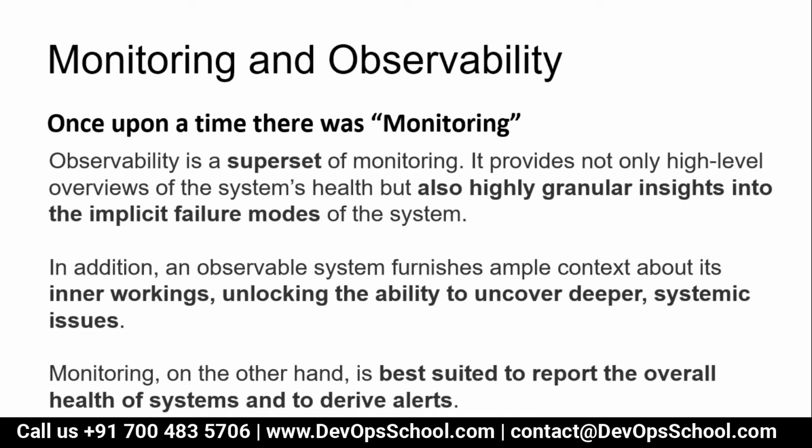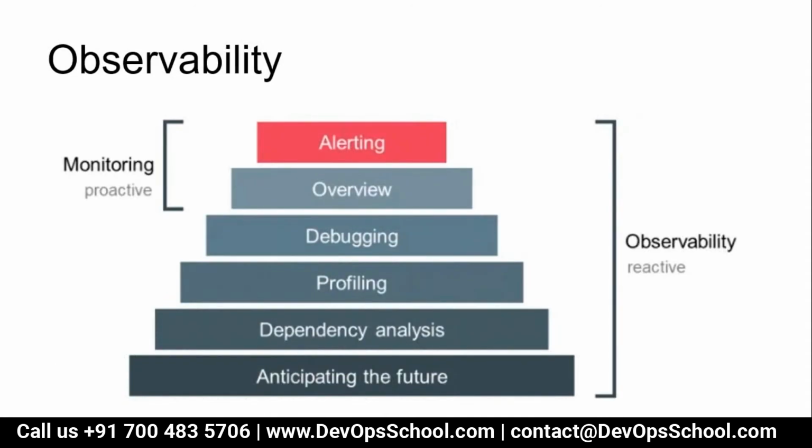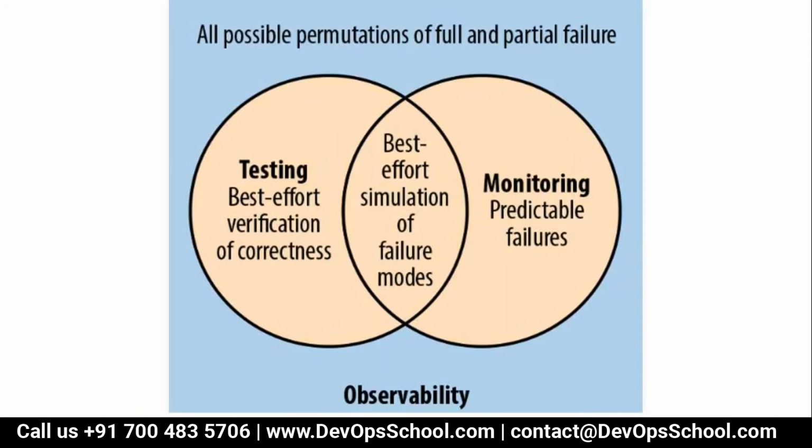Observability is a superset of monitoring. Looking at it from another perspective, with monitoring you set up alerts and get an overview, whereas observability is proactive. In observability, you anticipate the future, you do dependency analysis, profiling, debugging, overview and alerting, everything. So this is the difference.